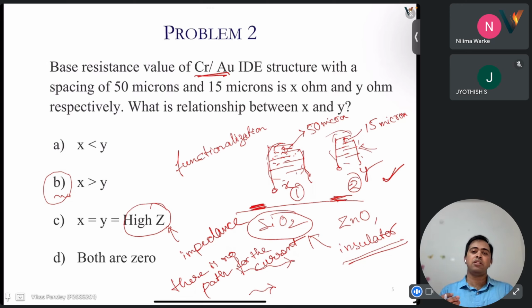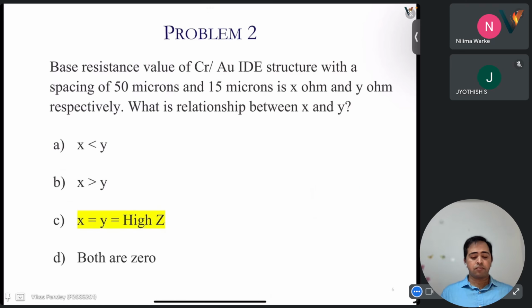So some people are using other terms like decoration, some people are using deposition, some are using functionalization, but it is generally known as functionalization layer. You may get some different terminology also. Small differences can be there. So the correct answer is X and Y are equal or comparable and have very high impedance.